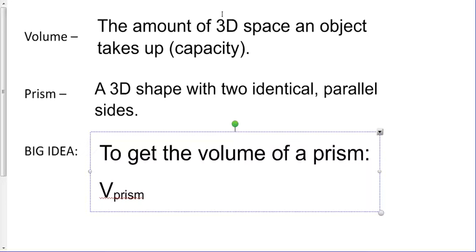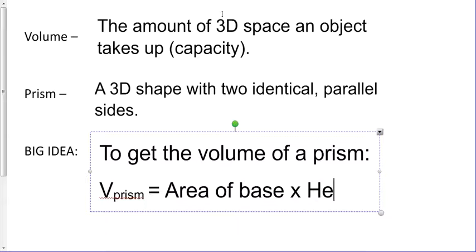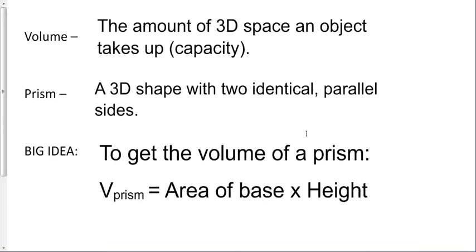You find the area of the prism's base, and you times it by the height of the prism. That's the big idea for today that we're going to use over and over.